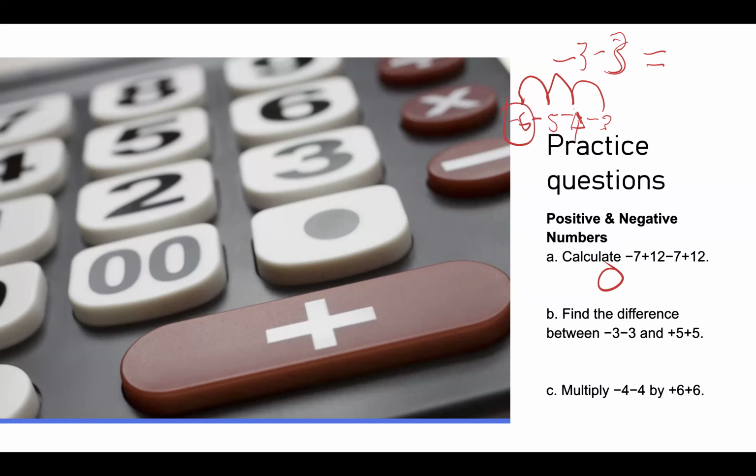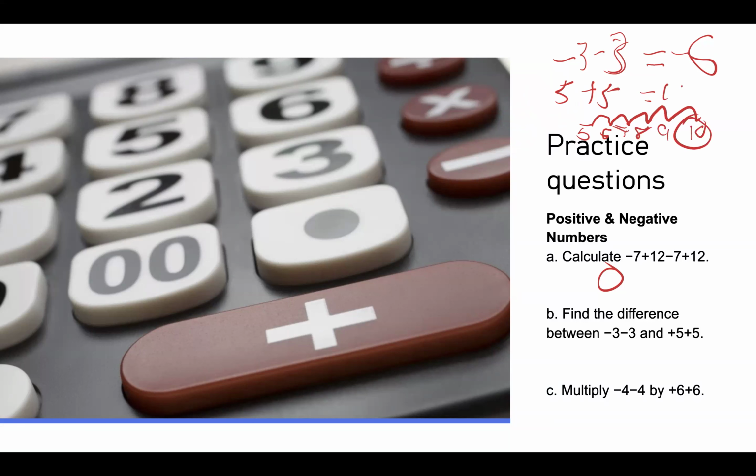The answer would be -6 here. And for 5 + 5, from 5, jump 5 spaces: 1, 2, 3, 4, 5. So 6, 7, 8, 9, 10. The answer would be 10.